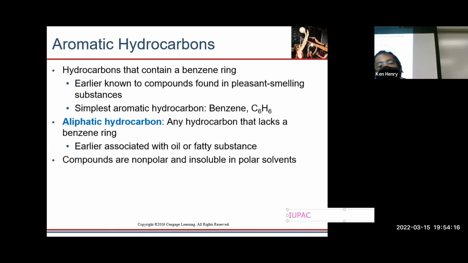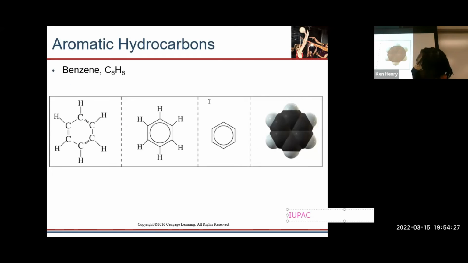So the simplest aromatic hydrocarbon is benzene. Benzene is a 6-carbon structure, and it has double bonds alternating in that ring structure, okay?